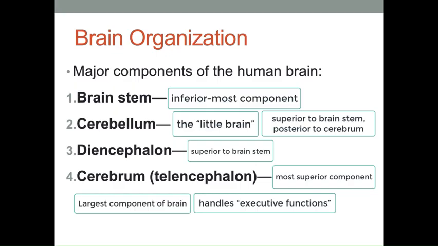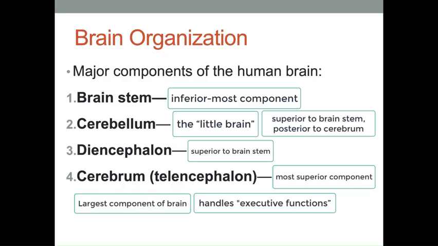There's other things like being able to plan out your day. You might be thinking, what am I going to be doing after I listen to this lecture? I'm going to go have a snack. I'm going to go out for a walk. Your ability to think ahead and plan out your activities is dependent on the cerebrum. So there's a lot more that the cerebrum controls than just that, but those are some examples of executive functions.